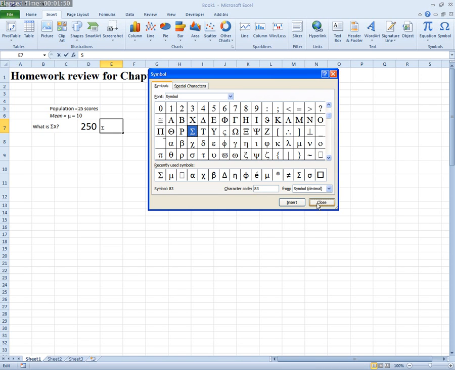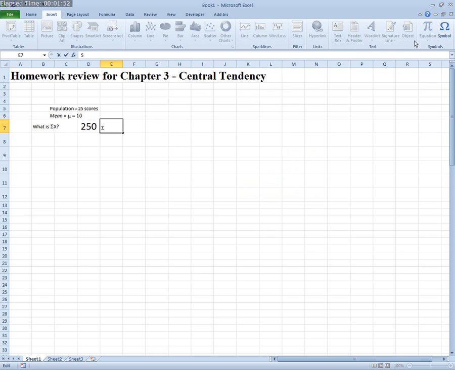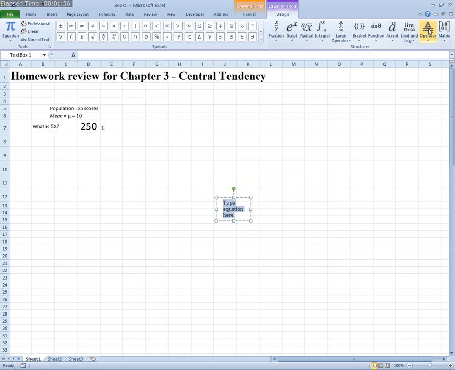Also, some students have asked me, how do you put in an equation? And this is how. You simply touch equation, and it gives you a lovely equation editor up here.